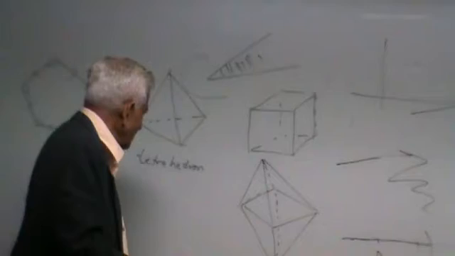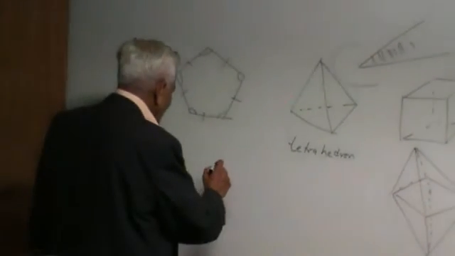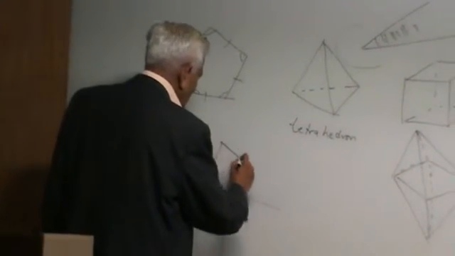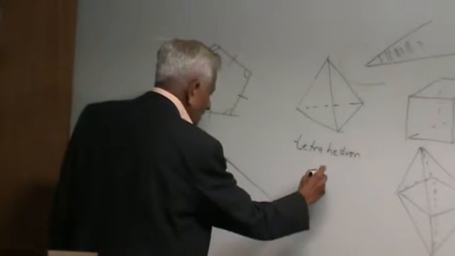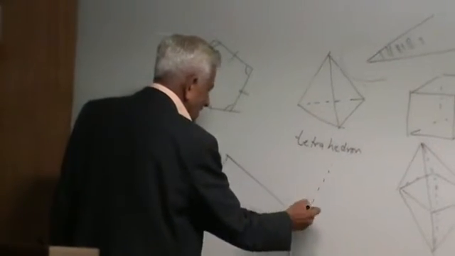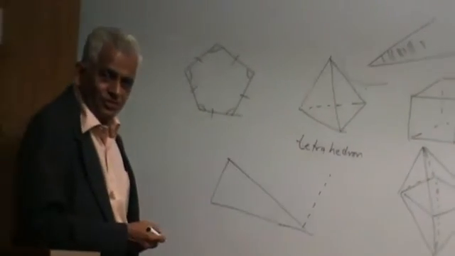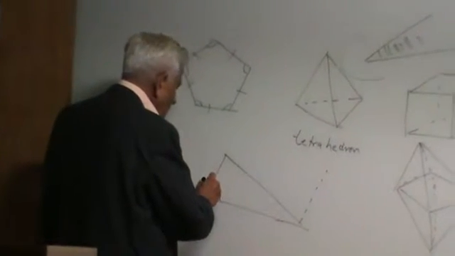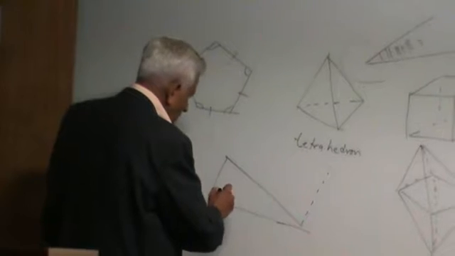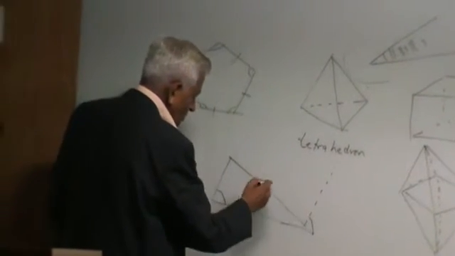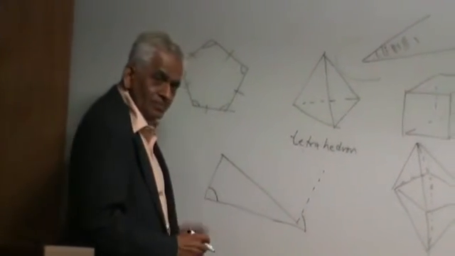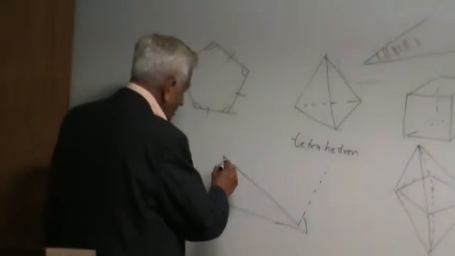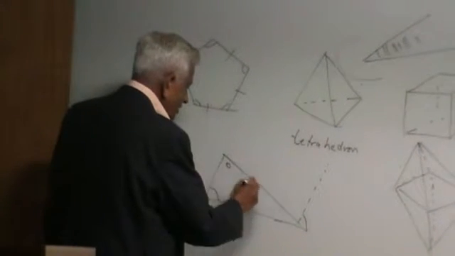And when Euclid proves the sum of the angles of a triangle theorem, he says something about parallels. This is Euclid's proof. You take this, now this is the same as this. Parallel lines. And this is the same as this.